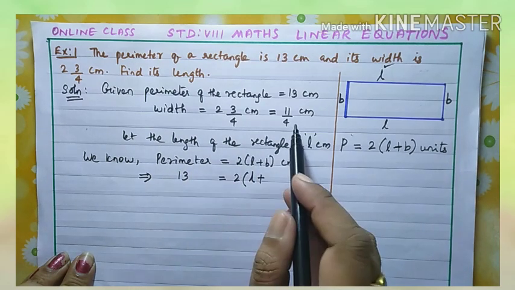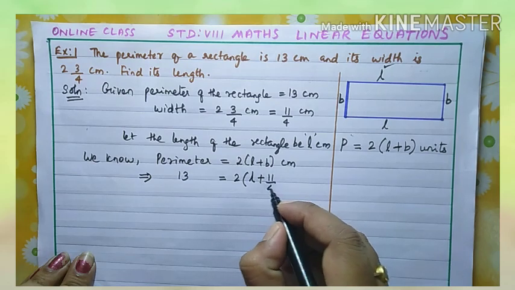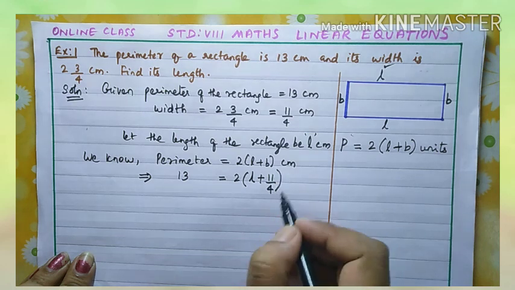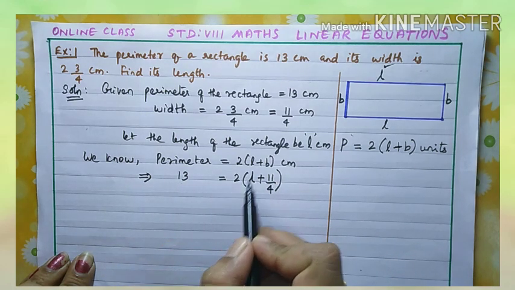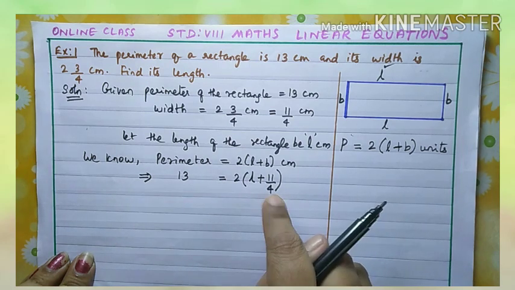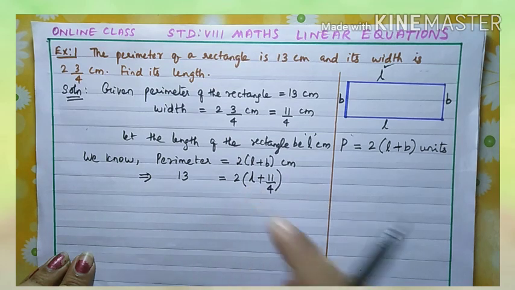What is the width here? 11 by 4, correct? So instead of B you put 11 by 4 in the bracket and close the bracket. Now you see, 13 equal to 2 into (L plus 11 by 4). It is of the form of a linear equation in one variable, and we need to solve this equation and find the value of L.